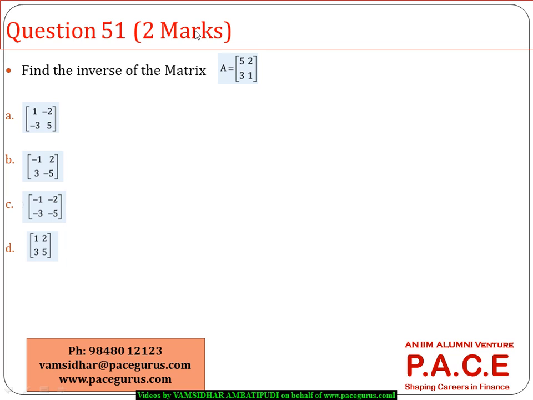A slightly simpler one. Find the inverse of the matrix.